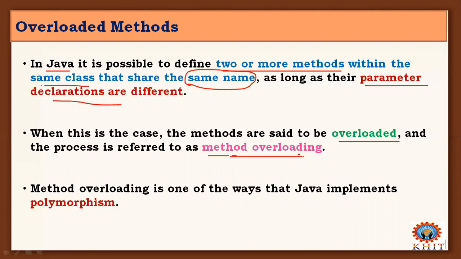Method overloading. Got it? And method overloading is one of the ways that Java implements polymorphism.